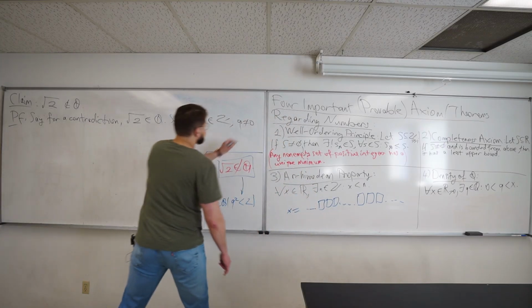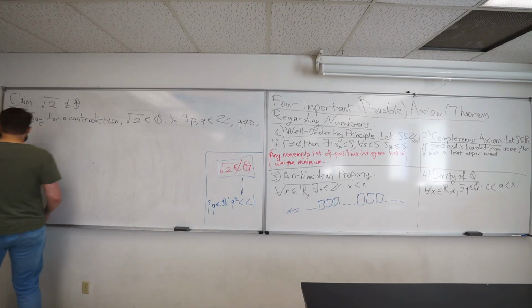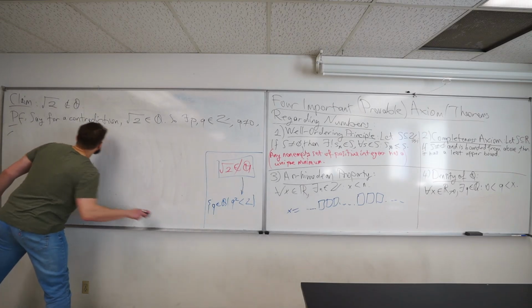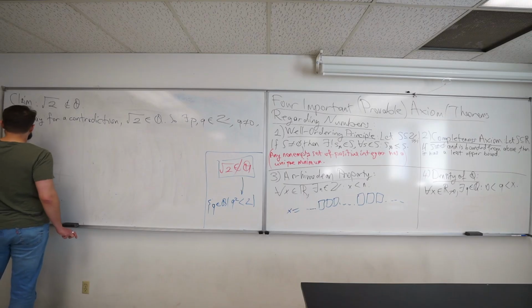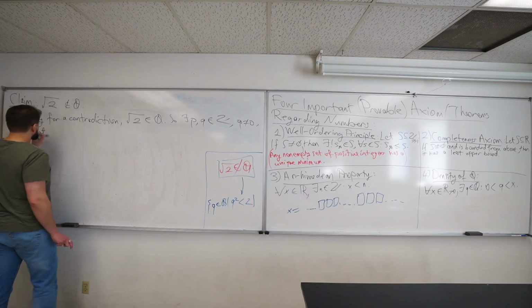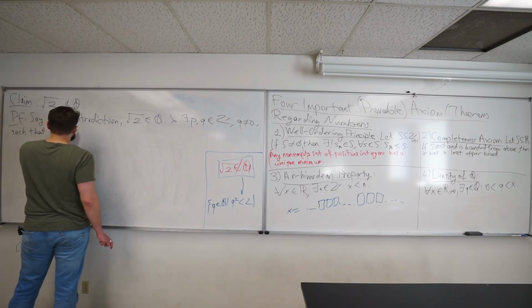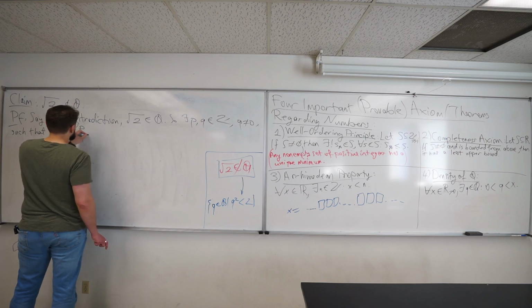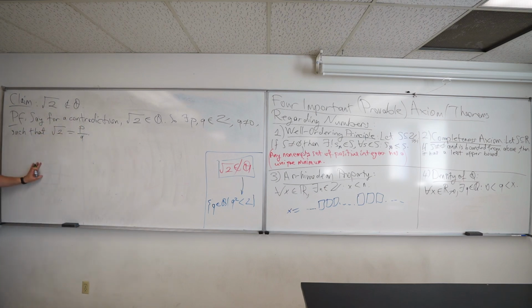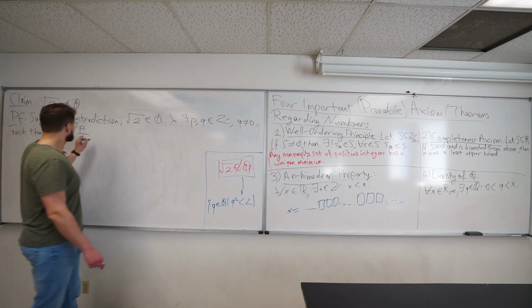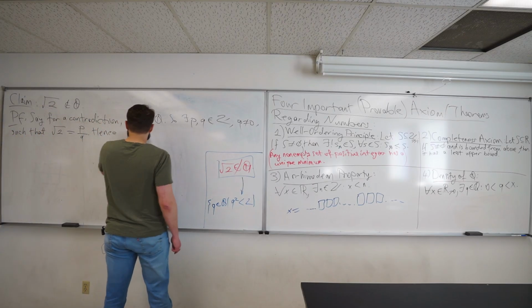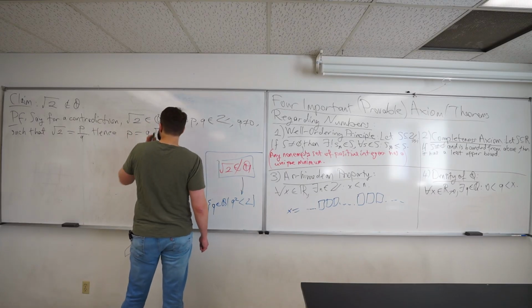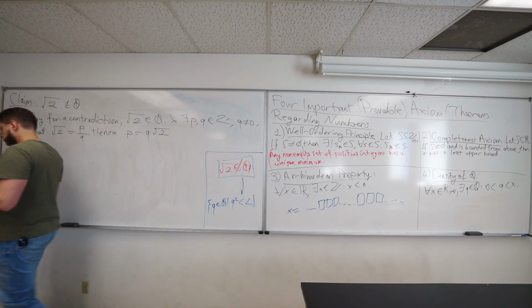such that root 2 equals p over q. Okay? Rearranging, I have that p equals q times root 2.